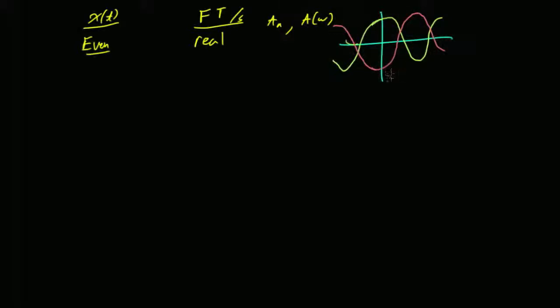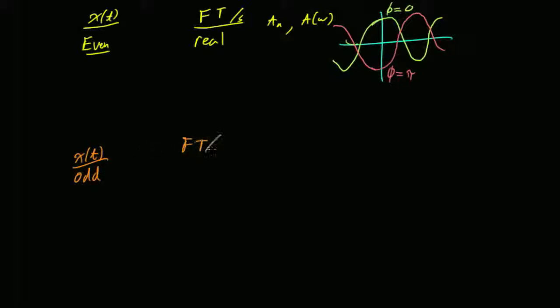Does it always have to be symmetric? Only if x of t is even, you're going to be building it out of this, which means you're always going to have a real Fourier transform. If your x of t is odd, then you're going to have a purely imaginary Fourier transform. It's exactly the same argument.